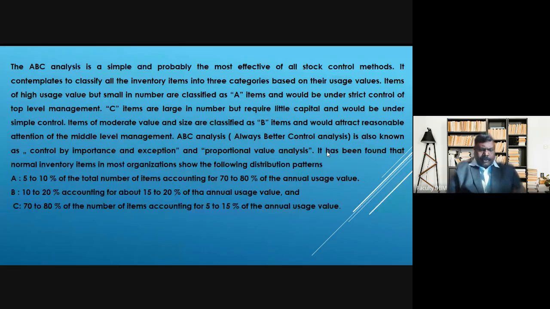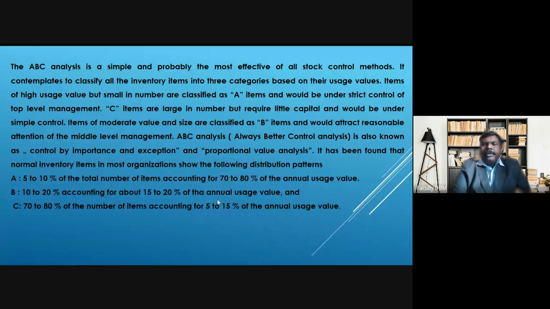It has been found that normal inventory items in most organizations show the following distribution pattern. 5 to 10% of the total number of items account for 70 to 80% of annual usage value, and 10 to 20% of items account for about 15 to 20% of annual usage value. 70 to 80% of the number of items account for 10 to 15% of annual usage value.